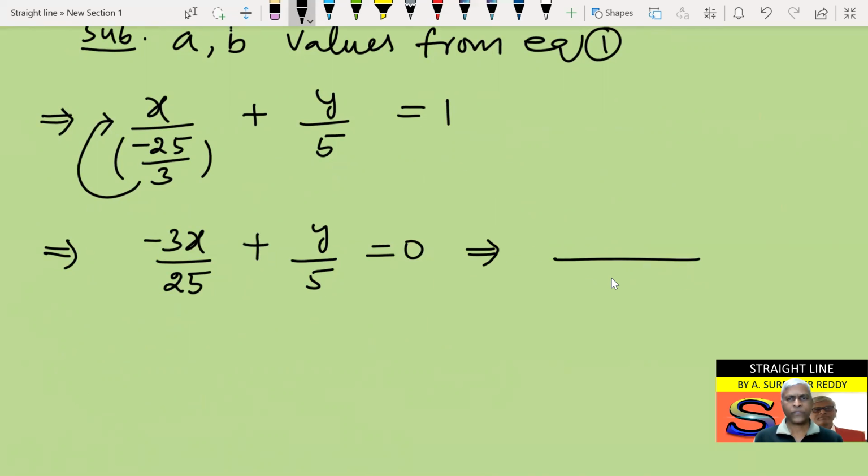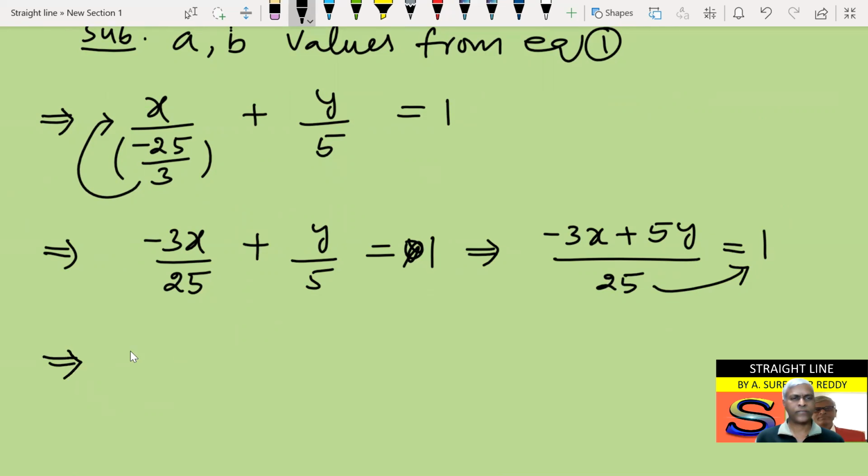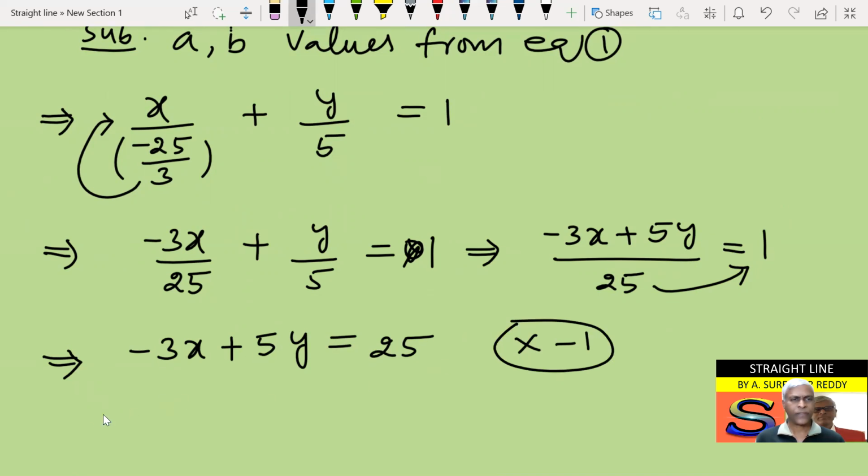So taking 25 LCM, minus 3x plus 5y is equal to, not 0, this is 1, and cross multiplying we get minus 3x plus 5y is equal to 25, or multiplying with minus 1, you can change the sign. 3x minus 5y is equal to minus 25.